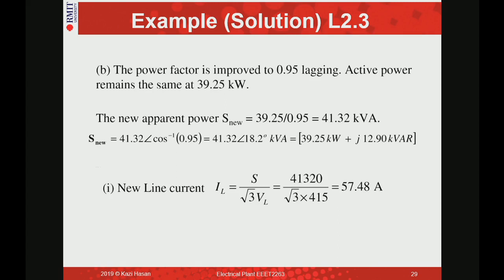Again, the line current, we have calculated before by using this formula, but S has been changed. So now root 3 VL is the same, but because of the new S, our line current will be different now. That's what we have calculated here in the first step, how much the new line current is.